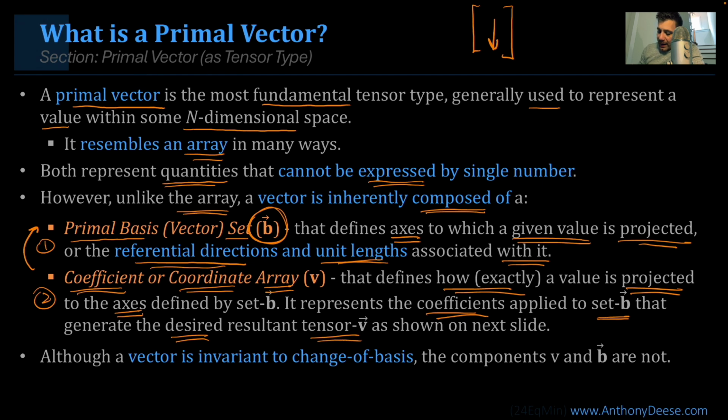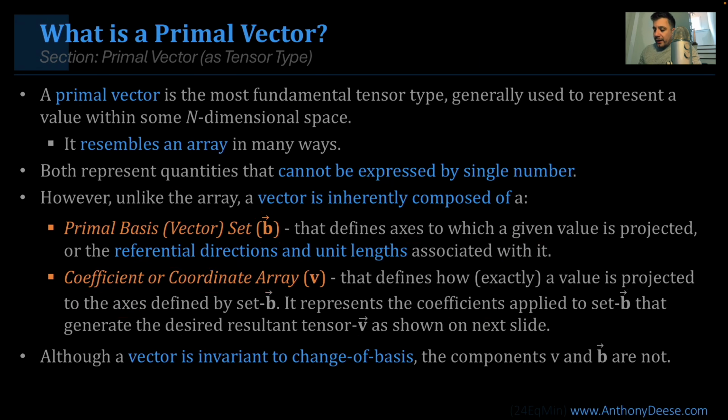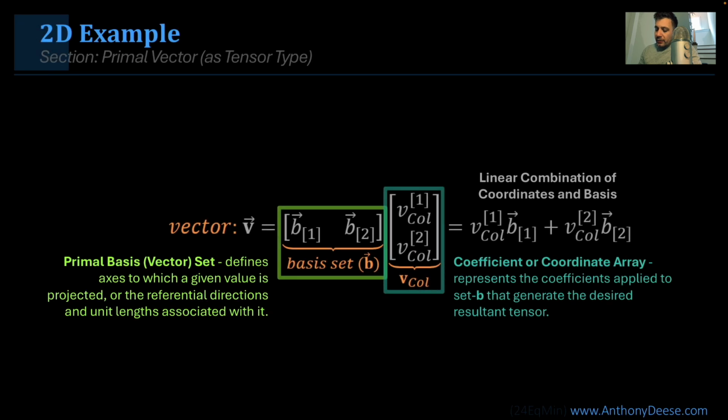Now, although a vector as a type of tensor is invariant to change of basis, the components from which it's generated are not. And so here we have an example. We have vector v, hence why it has the arrow hat, and this is equal to some basis set b times the coefficients, what we're calling v column.